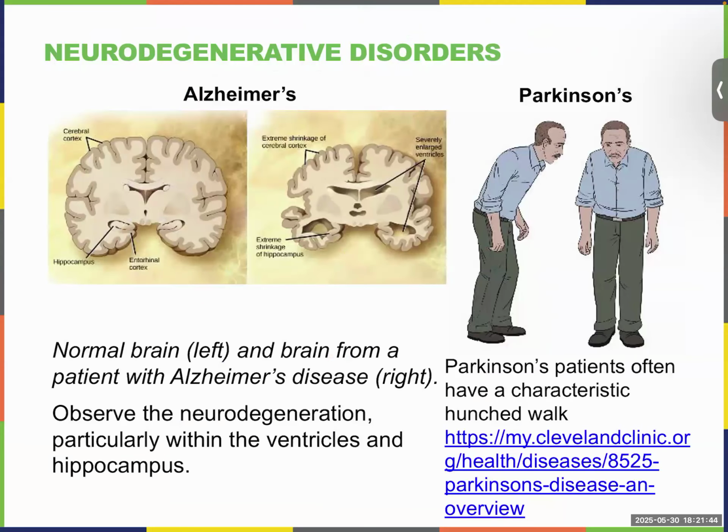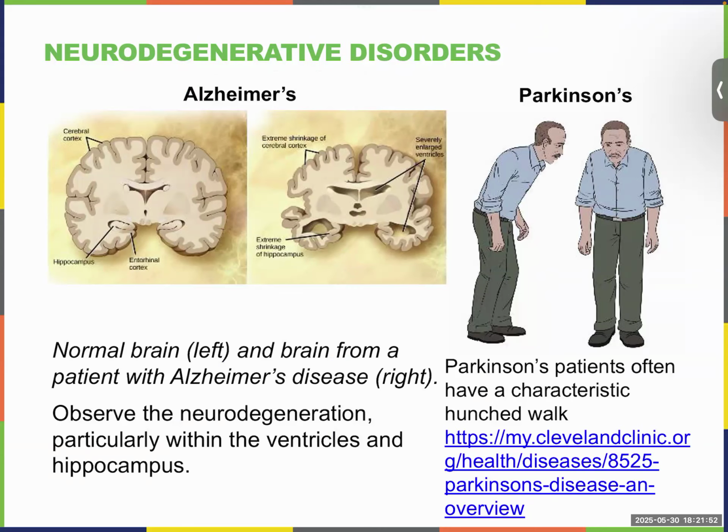Okay, and then there are unfortunately neurodegenerative disorders that affect the brain, including Alzheimer's disease. If we look at the two pictures of the brain here under the Alzheimer's heading, the brain looks like it has shrunk, literally has shrunk.